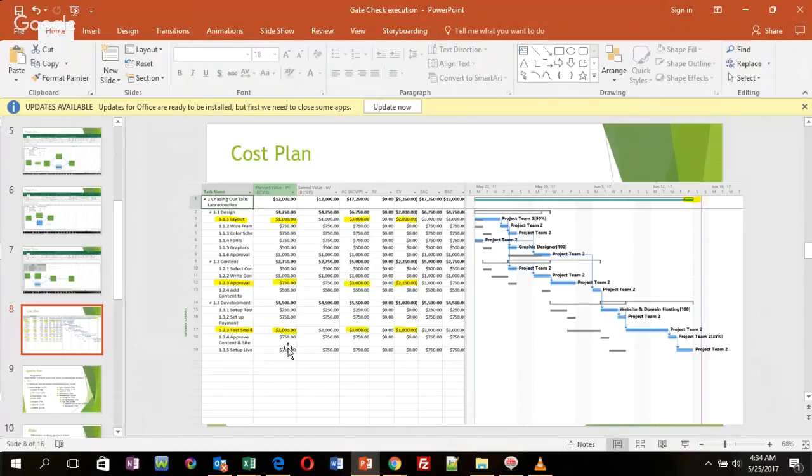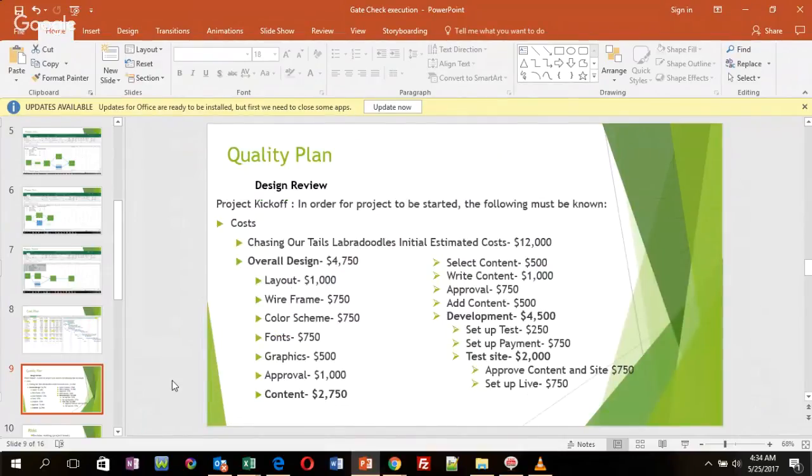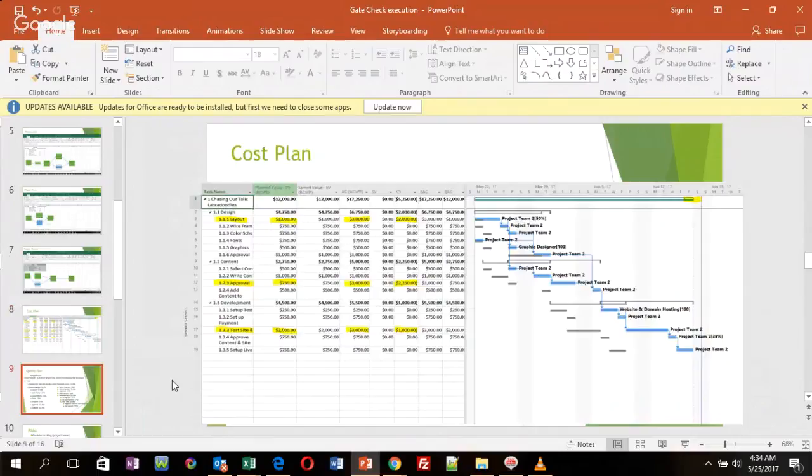For testing the site, we planned for $2,000, but we went over our budget by $1,000, and we spent $3,000. In our design review, we incur these costs. So this is the breakdown of the cost in this chart, the cost plan.